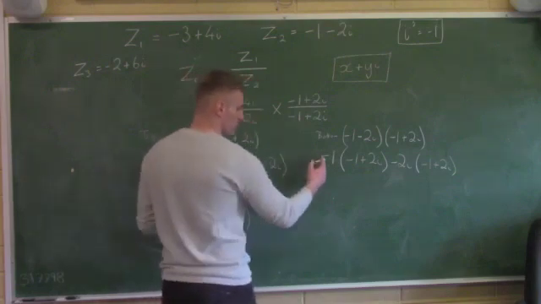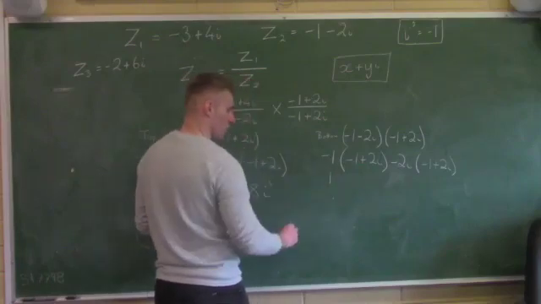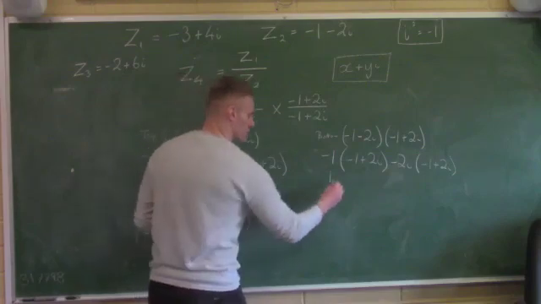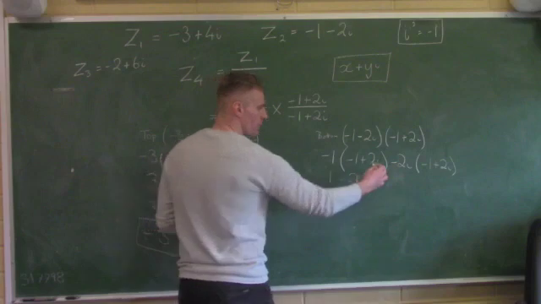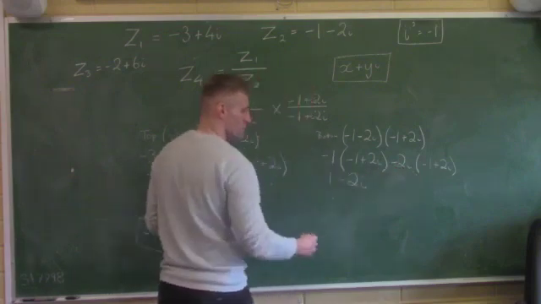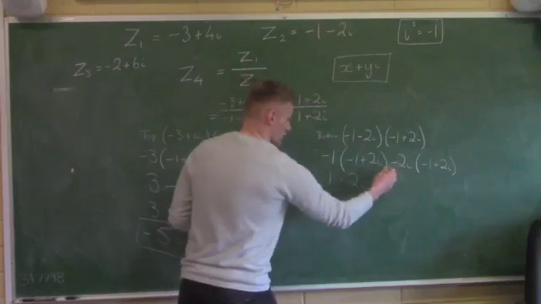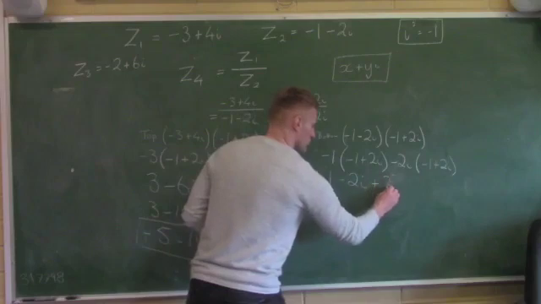Multiplying out. Minus by minus is positive. 1 by 1 is 1. Minus 1 multiplied by 2i will give me minus 2i. Minus 2i by minus 1. Minus by minus is positive, so it'll be 2. Plus, then 2 by 1 gives me 2.